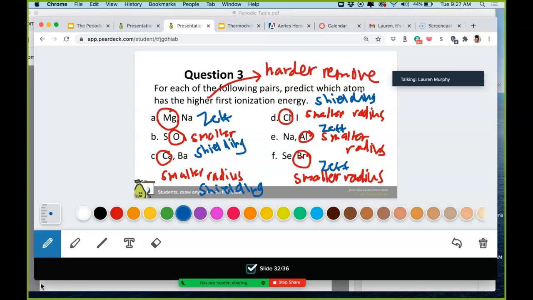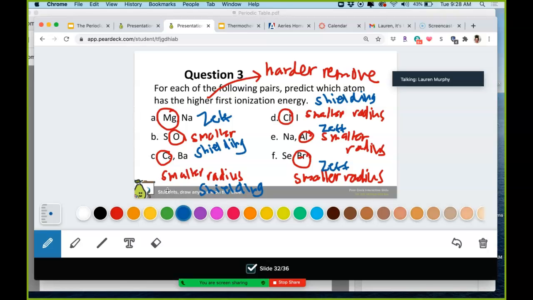Again, the closer electrons are to a nucleus, the harder they are to remove. So I've put which atom is smaller and the reason that it's smaller. Remember, as you go across a period, it's effective nuclear charge that makes something smaller. However, as you go down a family, it's the shielding effect that makes something smaller or larger.